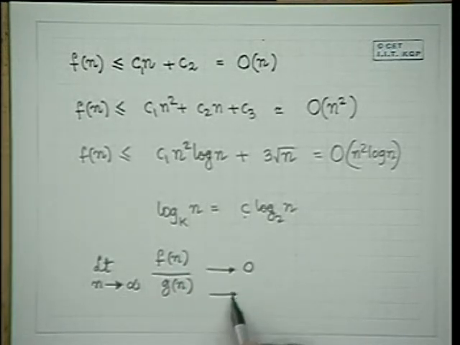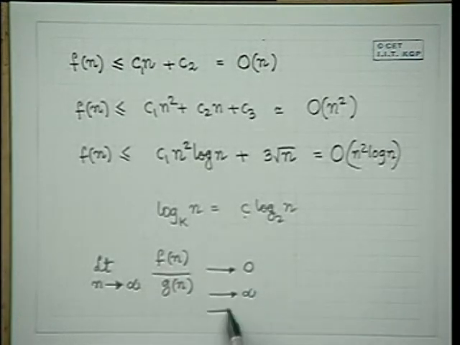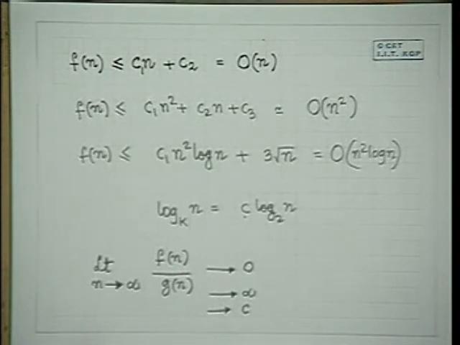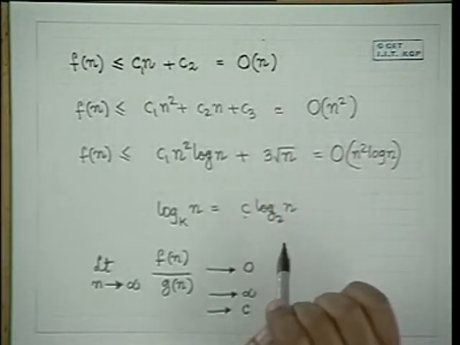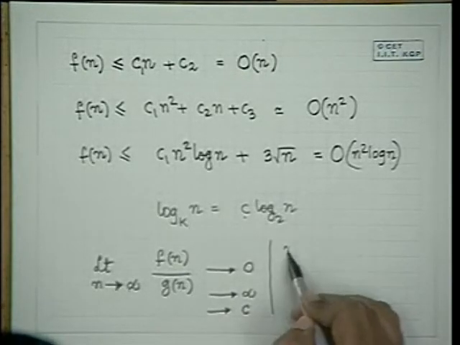If it tends to infinity, then this is better than this. And if it tends to constant c, then both are of the same complexity. So this is the terminology that we will use to compare the times when n tends to large.